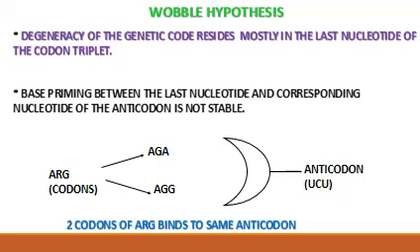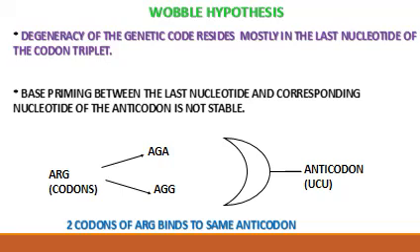Now, the degeneracy of the genetic code, as I told you, resides in the last nucleotide of the codon triplet. So the base pairing between the last nucleotide and the corresponding nucleotide of the anticodon is not stable. It is flexible. For example, arginine has two codons, AGA and AGG.